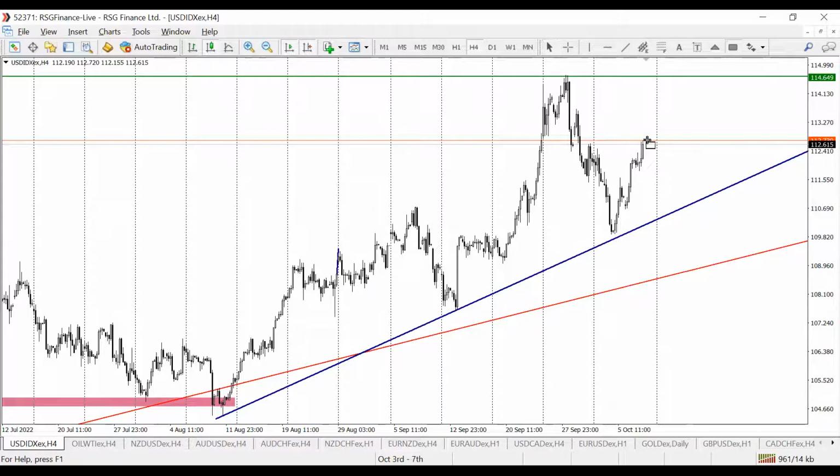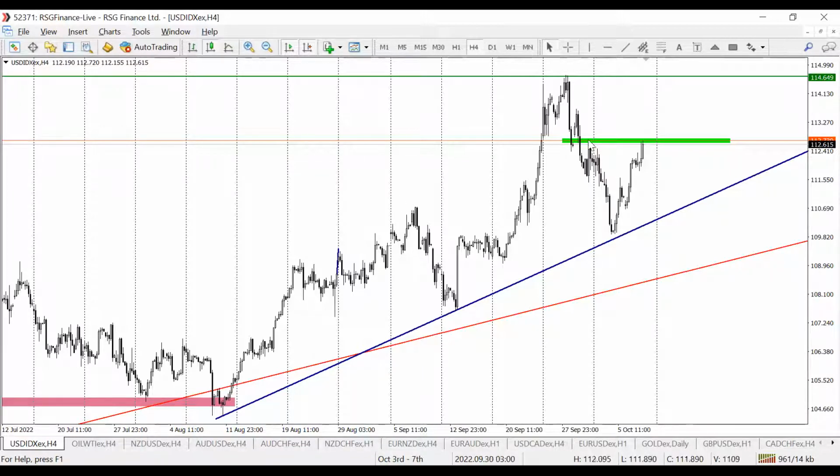You can see that we're having something more like an inverse head and shoulders. So we could see some consolidation or some more correction down here before we see the breakout into the last high of 114. So traders, we still see more capital flight into the USD as the Feds continue to tighten up interest rates.